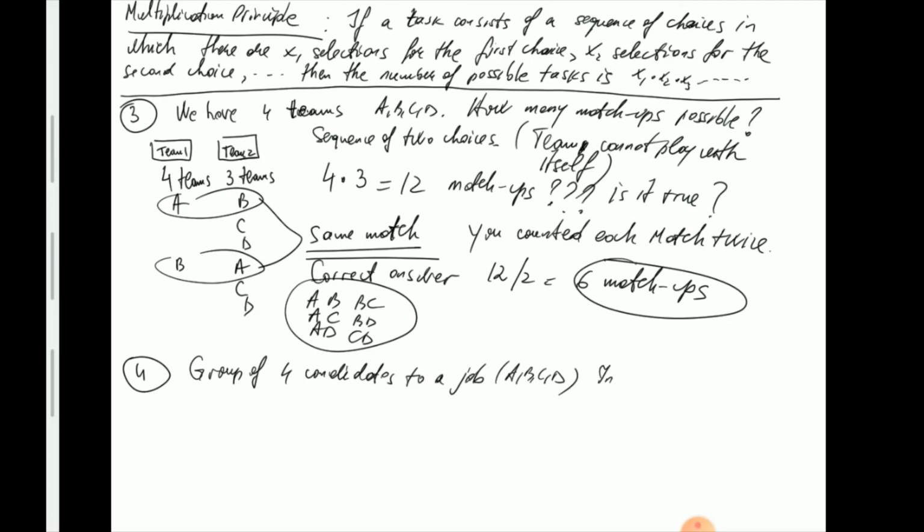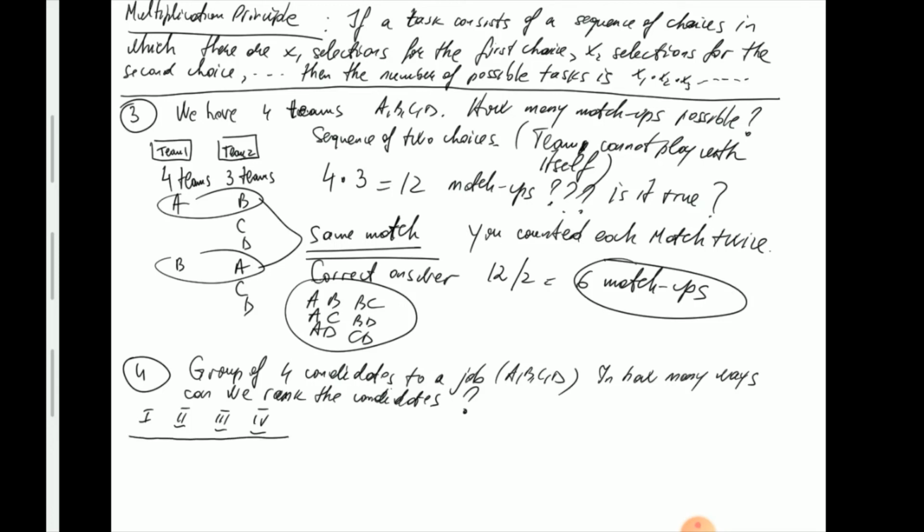In how many ways can we rank the candidates? So what is the task here? Well, the task is to place candidates in the first, second, third, and fourth positions.